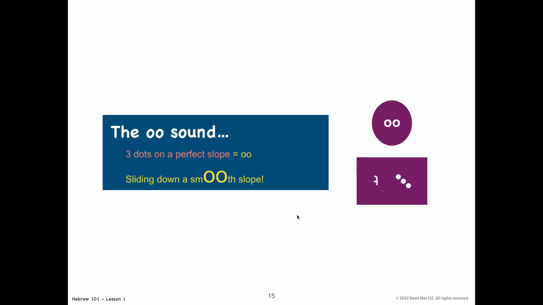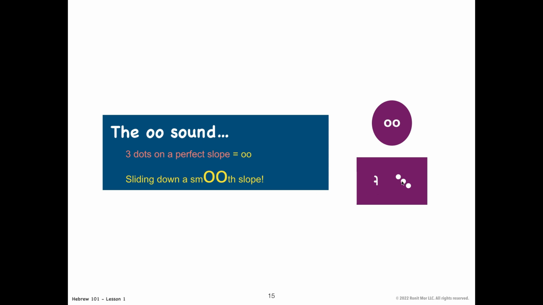And here is the exception. So the sound U has 3 dots, but they are arranged in a slope. So 3 dots on a perfect slope, the sound of it is U. Okay, so your encore sentence is sliding down a smooth slope.